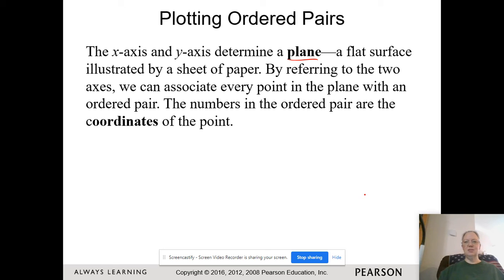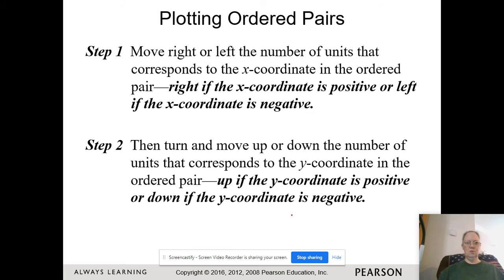The x and y axes determine a plane, which is a flat surface, similar to a sheet of paper, but in general, the plane extends infinitely. So the x-coordinate is going to give us our left and right.